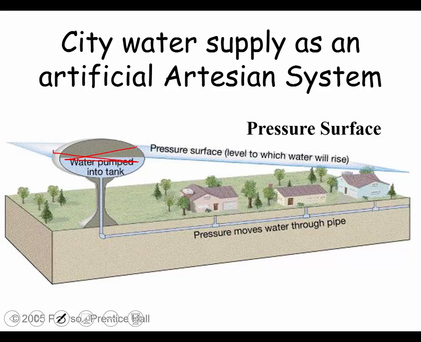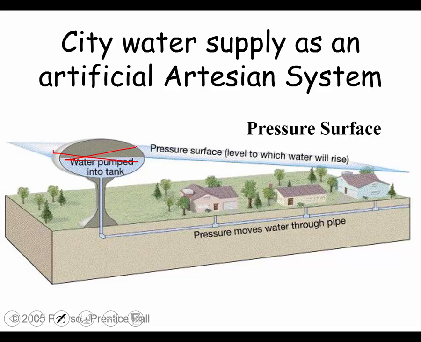But nonetheless, that surface represents how high the water could rise, which among other things means if you've got a 5-story building, you're going to have auxiliary pumps because you can't get water to the 5th or 6th floor.